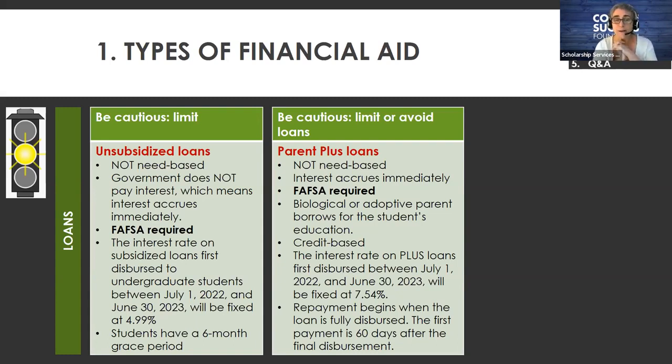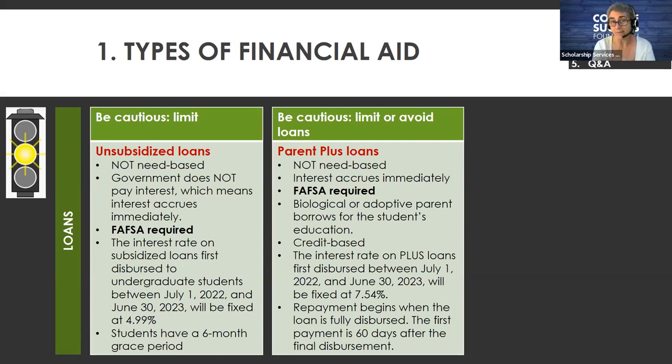The next one, we have it in this yellow category, but when I talk to families, I really encourage them to limit or avoid altogether, is the Parent Plus loan. This is also non-need-based, and like the unsubsidized, interest accrues immediately. Parents can take it on behalf of their student. Only biological or legally adopted parents can take it on behalf of their students.